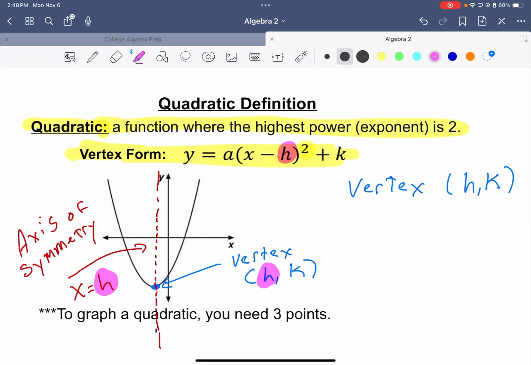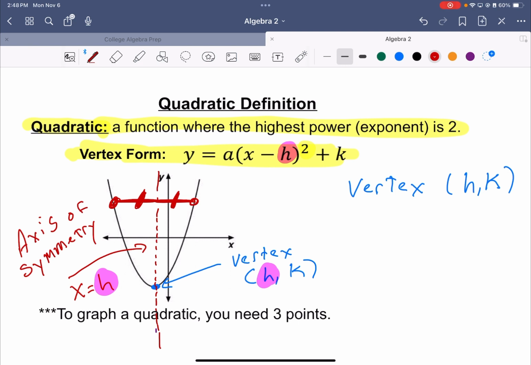Now, when something is symmetric, that means that it looks the same on both sides. We're kind of symmetrical, sort of. But what that also means is that if I draw a parallel line to my x-axis, and I draw another parallel line over to the other one, the distance from the axis of symmetry to each point on the parabola is, sorry for the geometry reference, congruent.